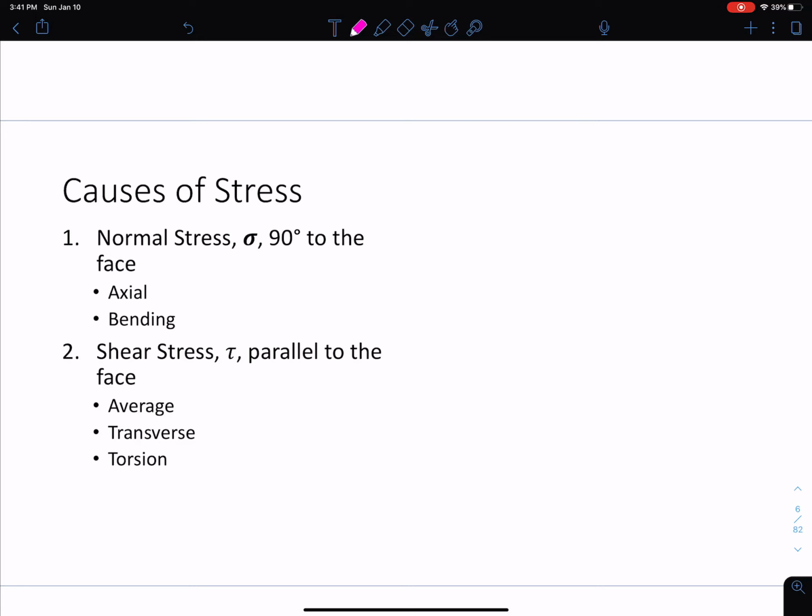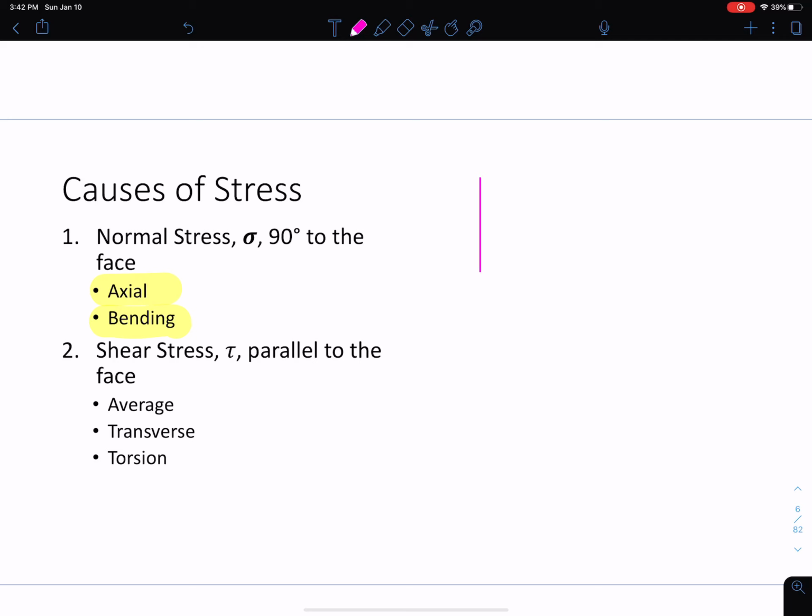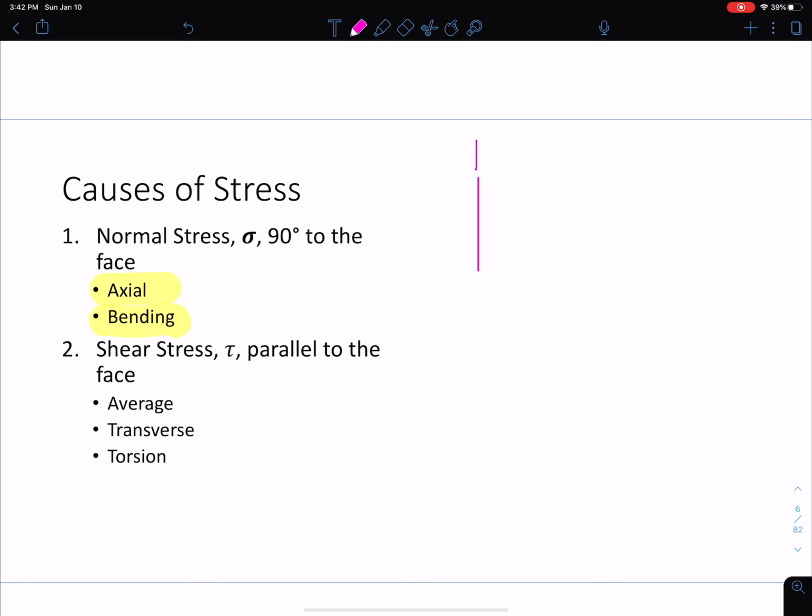So our causes of stress now: we have normal stress, sigma, we have shear stress, tau, and we have different items that can cause normal stress. One item that we just talked about was axial. We also have bending. What is axial? Just as a refresher, let's say I have a column and I have a force whose line of action is parallel to the line of the member, something like this.